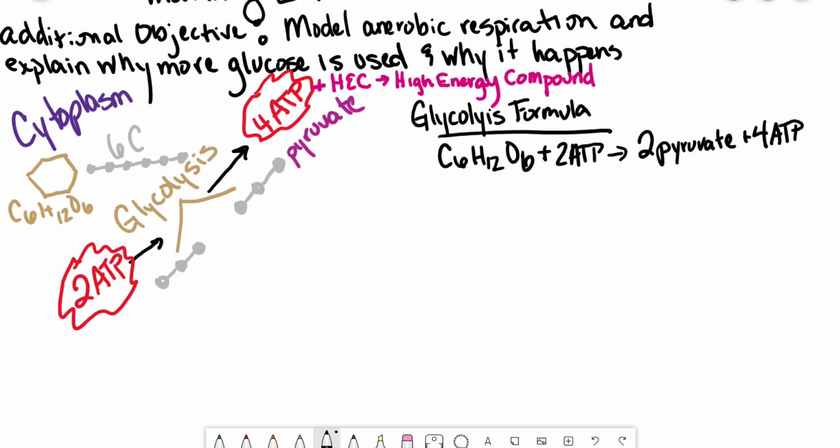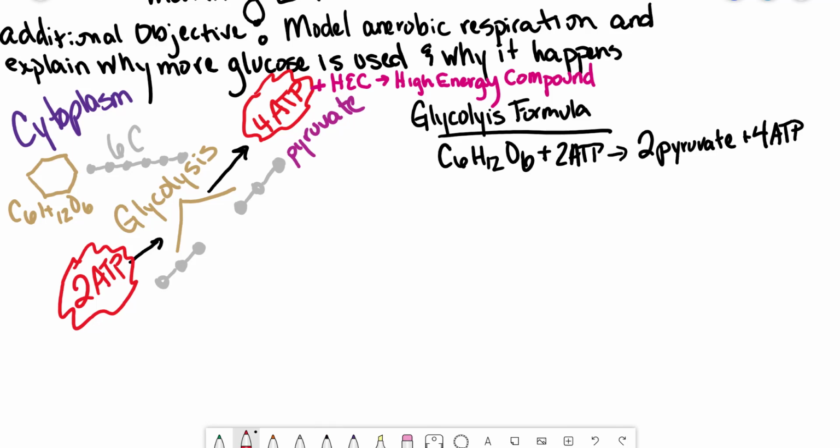So based on what I just told you, I wrote out a chemical formula. C6H12O6, or glucose, plus 2 ATP makes 2 pyruvate and 4 ATP. Now, you guys haven't had chemistry yet, but in chemistry, if you have things that are on both sides, you try to reduce them.